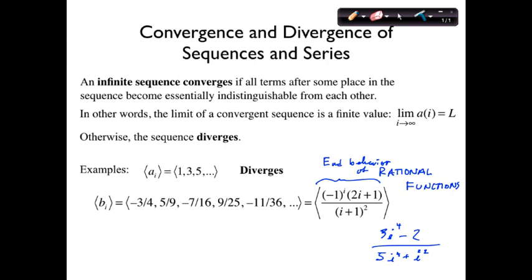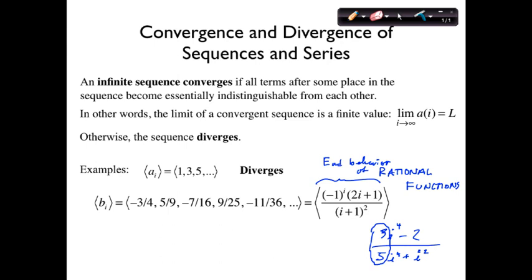Does this converge or diverge? Now the degrees are the same. So let's put a trillion in and see what happens. You get 3 times a trillion to the fourth over 5 times a trillion to the fourth, and a trillion squared is like 0 compared to that. So if you have 3 times a trillion to the fourth over 5 times a trillion to the fourth, that's really close to what? 3/5, right?